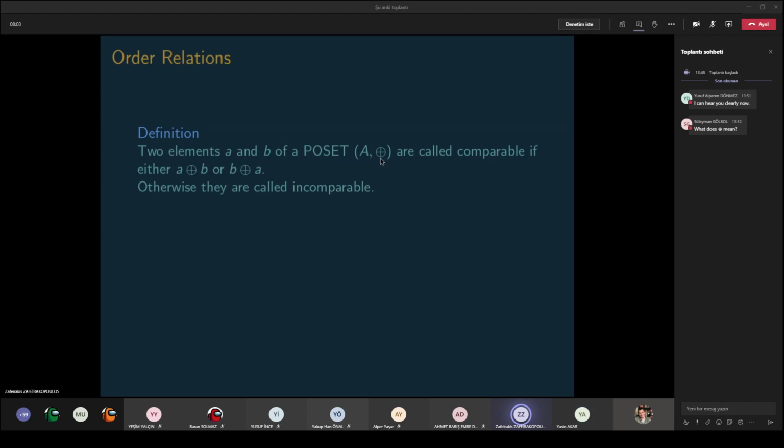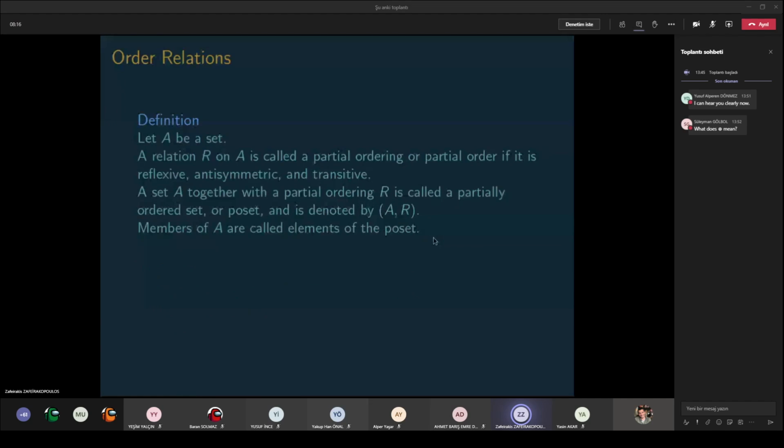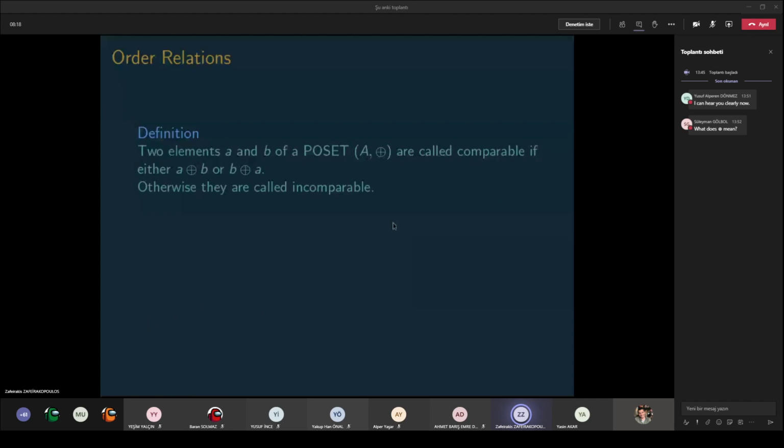I'm using different signs on purpose. In the previous slide, I used this and that and that. These are three different order relations. But the only thing we require is that it satisfies the three conditions, that it's reflexive, antisymmetric, and transitive. It doesn't matter what sign you use, right?